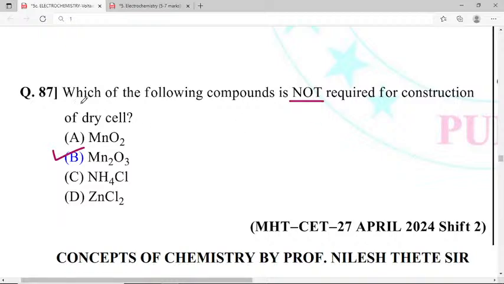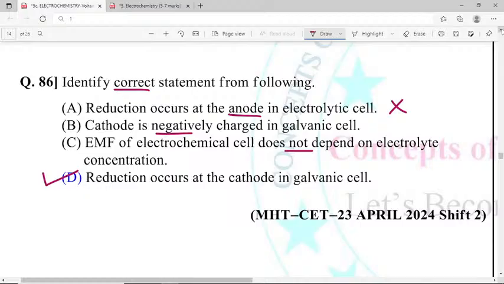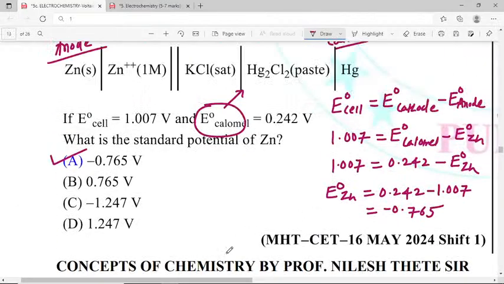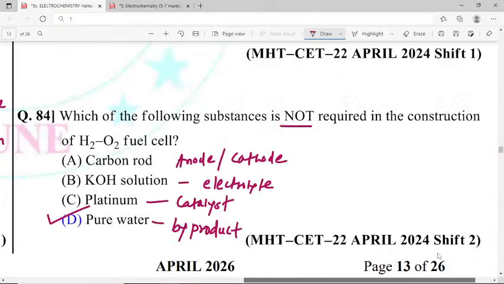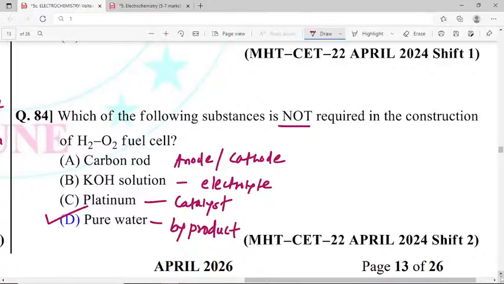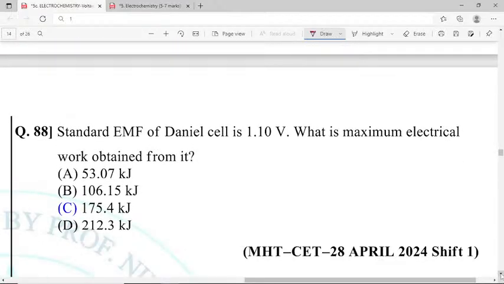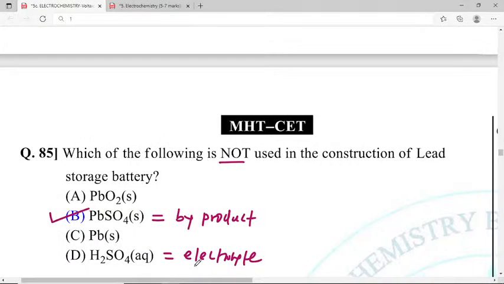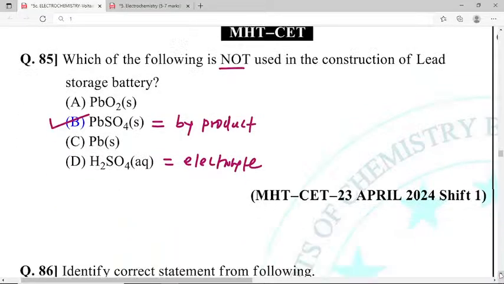Question number 87, then question number 85 and question number 84. Same pattern question, same, not required. Question number 84, 2024. This is the pattern of question actually. Most probable question for 2026.